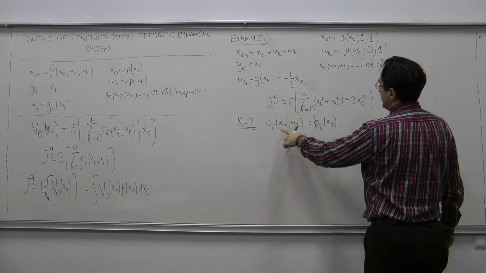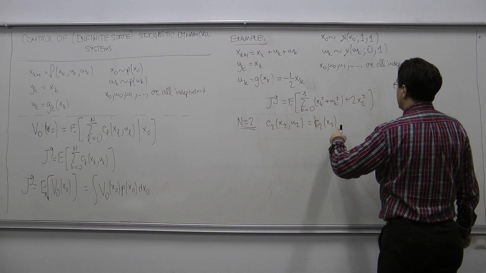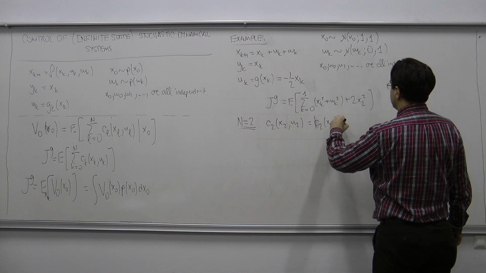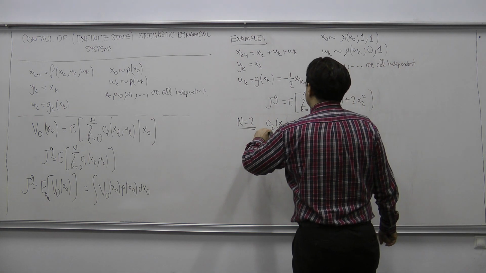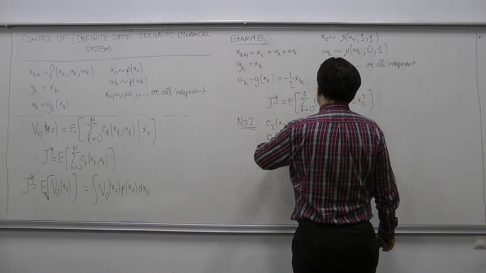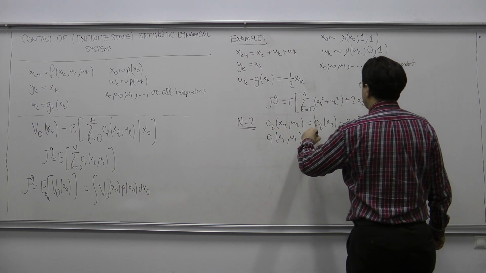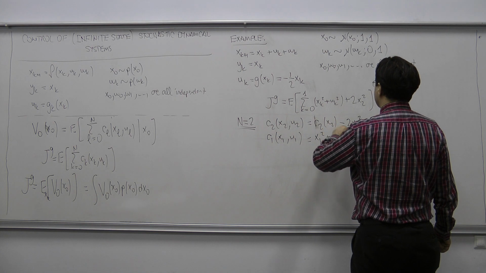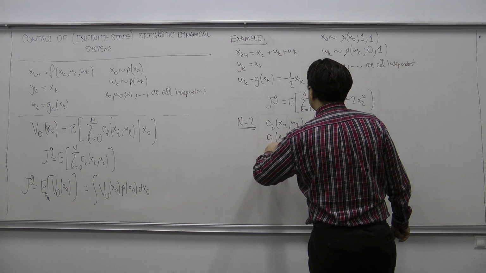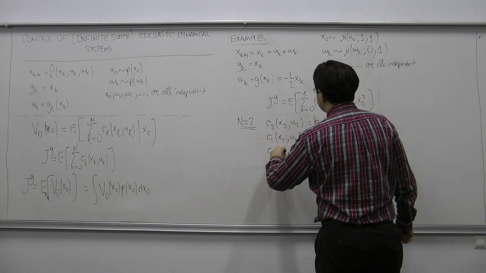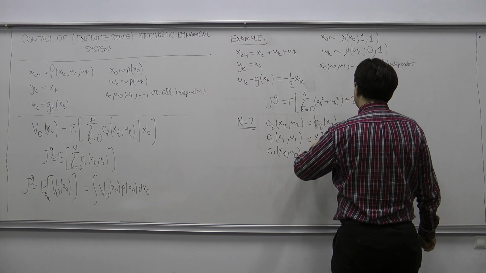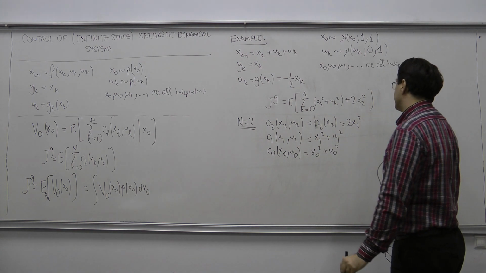So the last cost function is independent of U2, and it is only a function of x2. And C1 of x1, U1 is x1 squared plus U1 squared, and C0 of x0, U0 is x0 squared plus U0 squared.